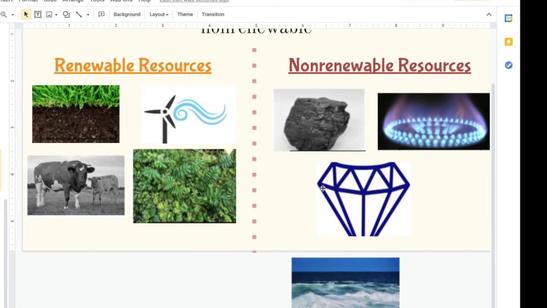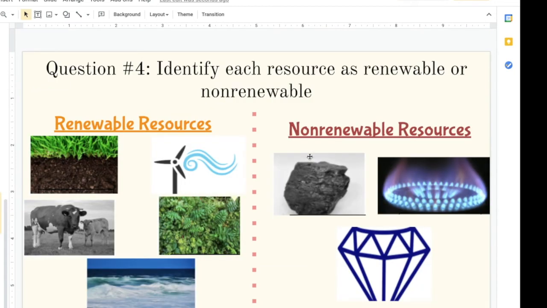Our next natural resource is water. Is water a renewable resource or a non-renewable resource? Share your thinking on Edpuzzle now. If you said water is a renewable resource, that is correct.